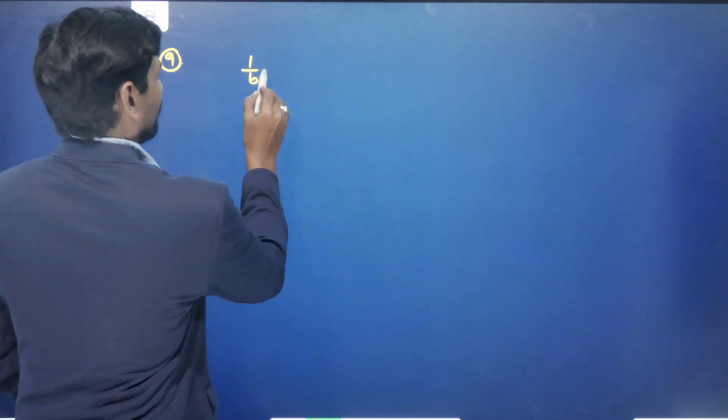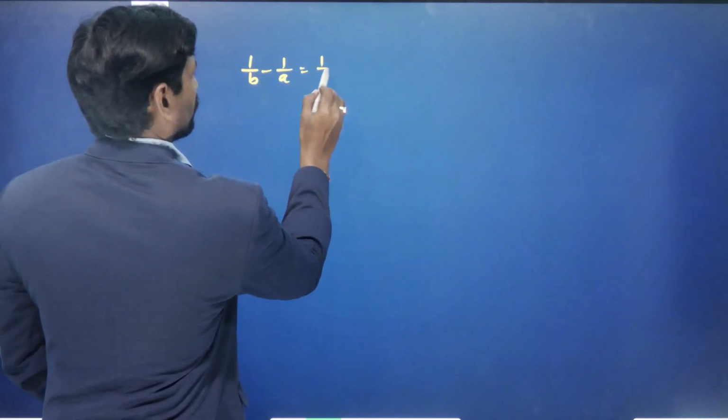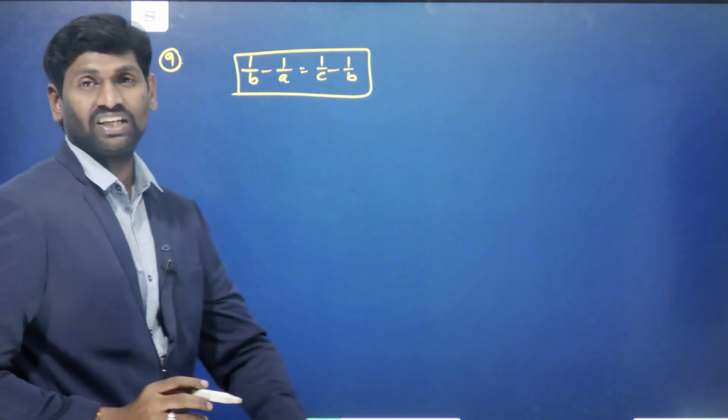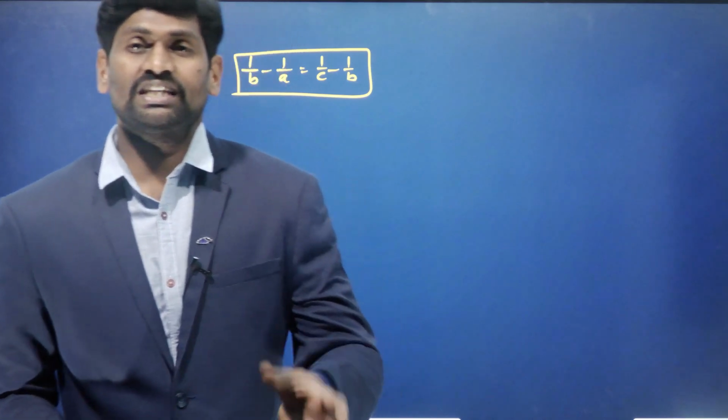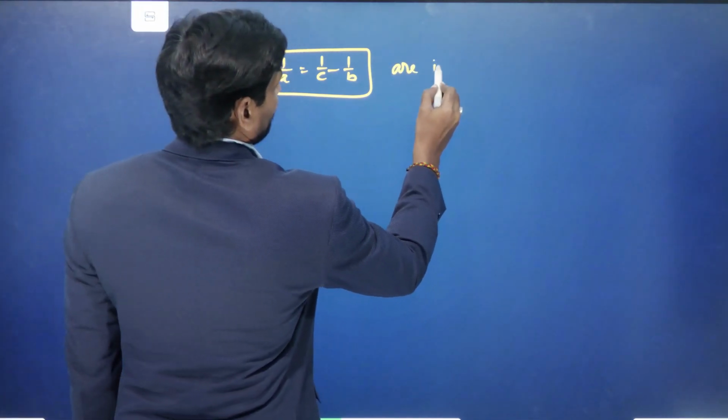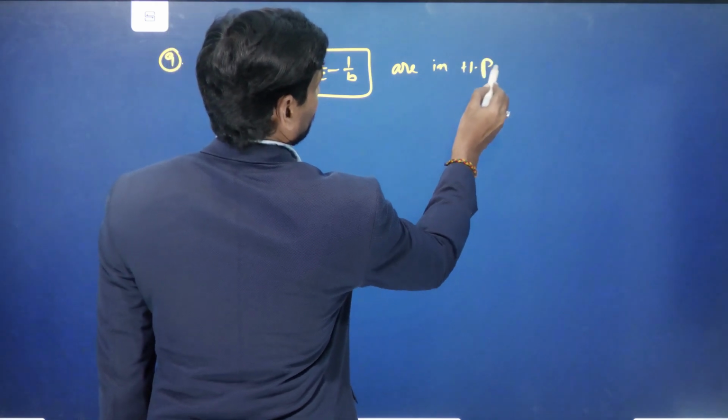They are in harmonic progression. 1 by B minus 1 by A equals 1 by C minus 1 by B. When you do the simplification, you will get B equals 2AC by A plus C. This is in harmonic progression.